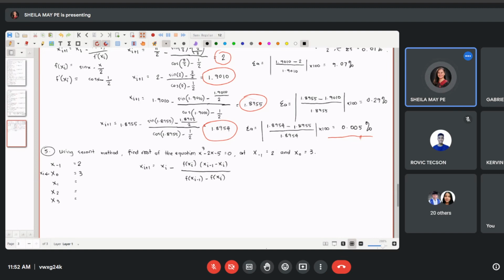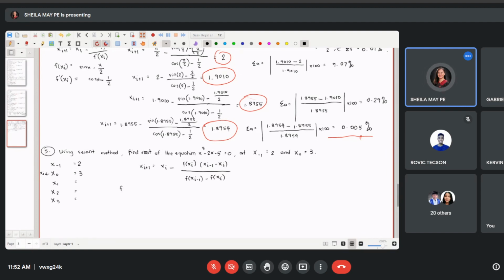Now to start, we already have our x sub i, this 0, which is considered as x sub i. We have our 3, and our x sub i minus 1 is 2. Now we need to find that function.